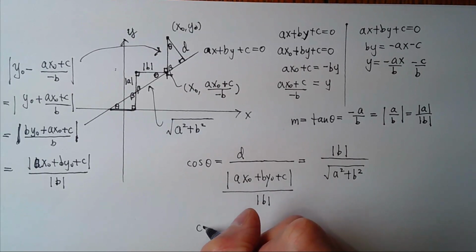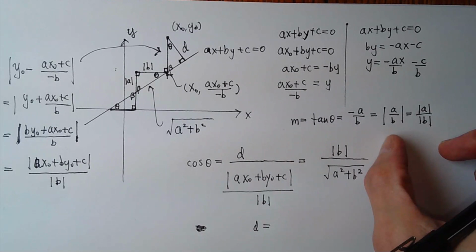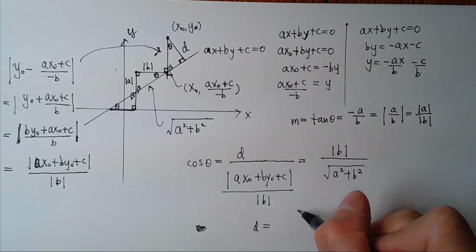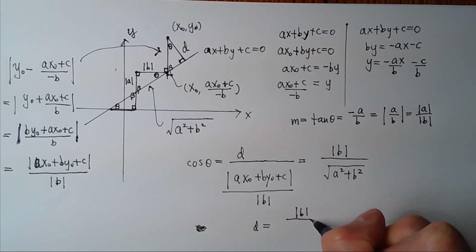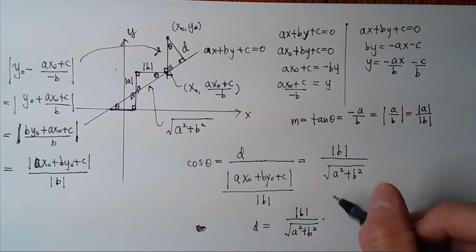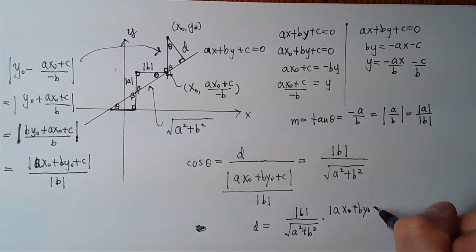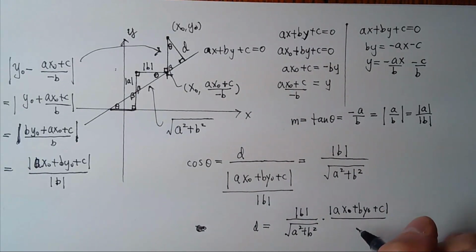So D equals, we just move this over. And we have the absolute value of B over the square root of A squared plus B squared, times this whole thing here, A x0 plus B y0 plus C, and everything divided by the absolute value of B. And these two cancel out.